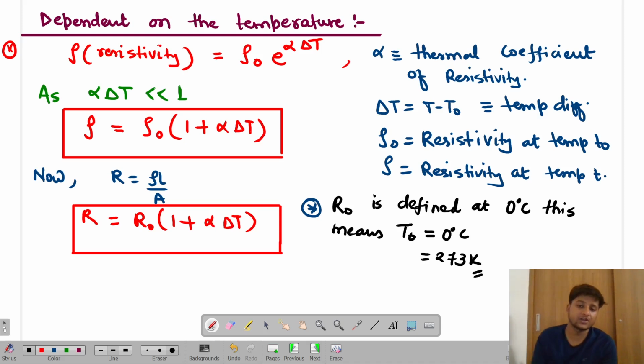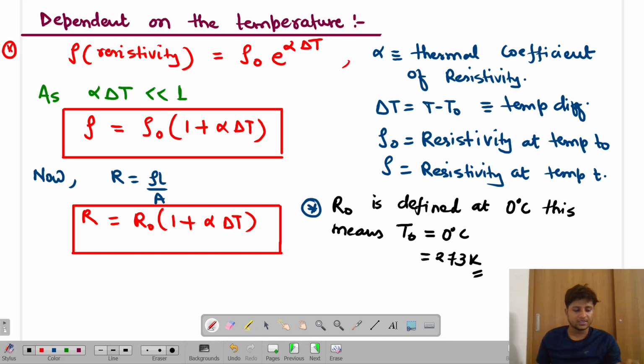You should always start your calculation from 0 degree centigrade whenever you are going to find the resistivity in the given question. The reference is set. Got it?